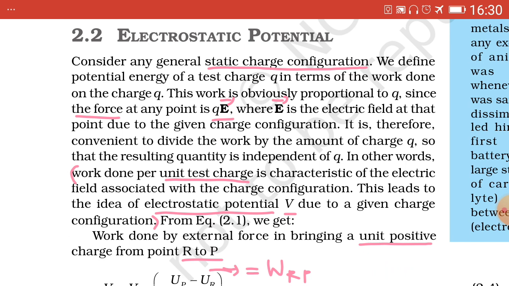The force at any point on charge small q is given by q E vector, which has been underlined in the description, where capital E vector is the electric field at that point. Now F vector equals qE vector, because the electric force general formula is charge into electric field intensity.